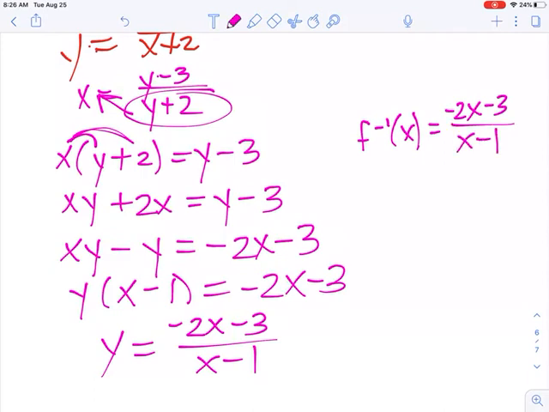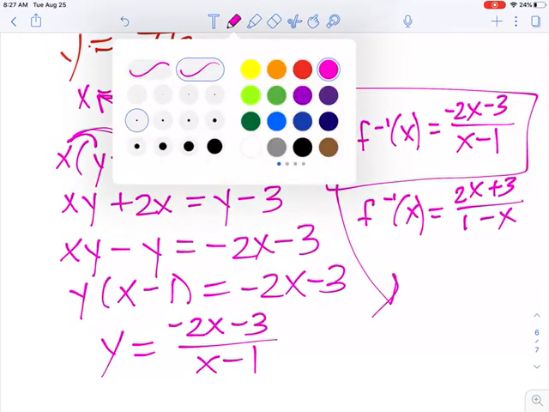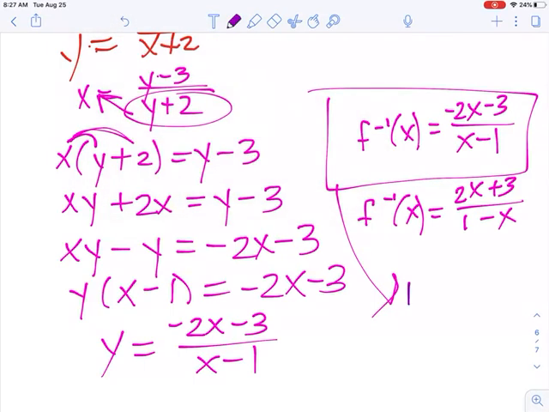Okay. So here's the deal. My inverse ended up being -2x minus 3 divided by x minus 1. But if you put your y's on the right side, unlike me, then you would have gotten 2x plus 3 over 1 minus x, and that is the same thing, okay? Those are equal, okay? They look different, but they're the same because of where the negatives are, okay?